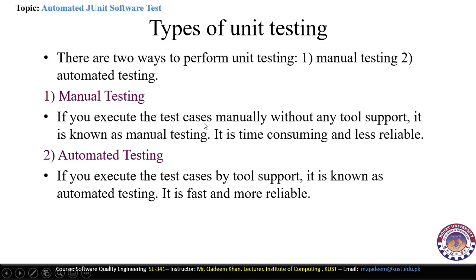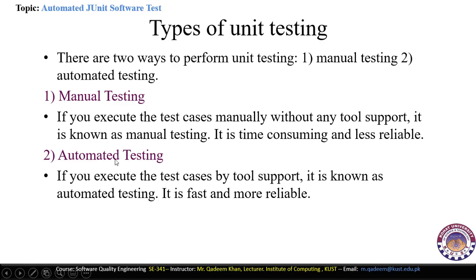Then we analyze that output and decide whether this output is accepted or not. This is known as manual testing. This is time consuming and less reliable because just human logic is used to test the software.